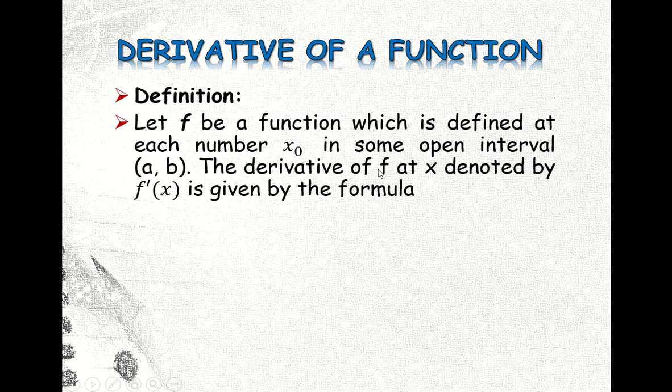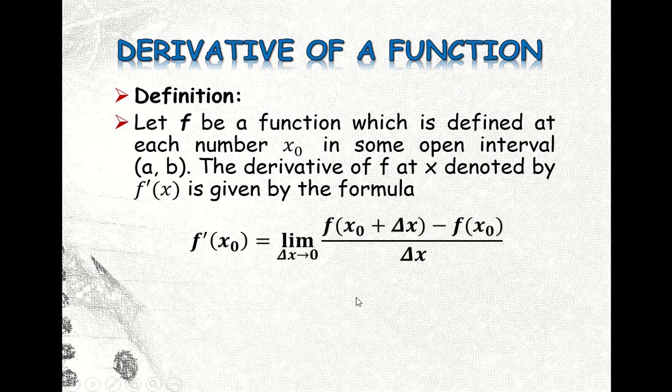The derivative of f at x denoted by f prime of x is given by the formula f prime of x sub 0 equal to the limit of f of the quantity x sub 0 plus delta x minus f of x sub 0, divided by delta x, as delta x approaches 0, provided that the limit exists. So if the limit exists, then this formula is true.